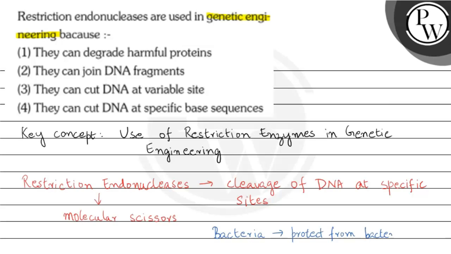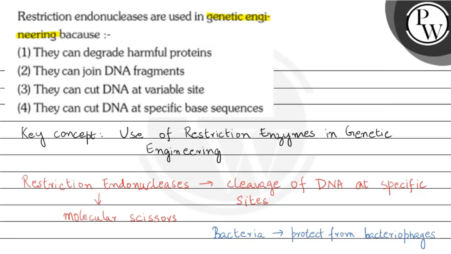These restriction enzymes present in bacterial cells recognize specific sites in the viral DNA and then degrade or cleave the viral DNA into fragments, which results in the formation of non-functional viral genes, and therefore the bacteria is protected from the bacteriophages.